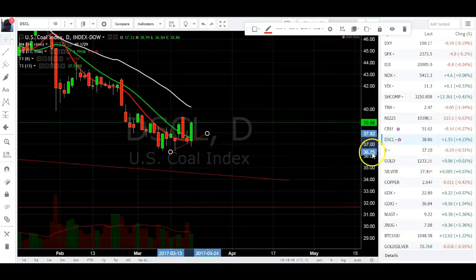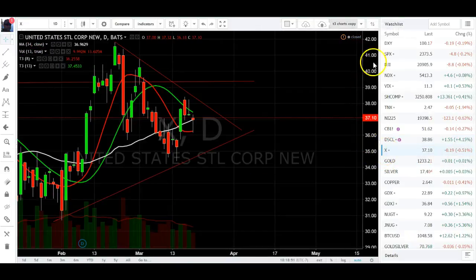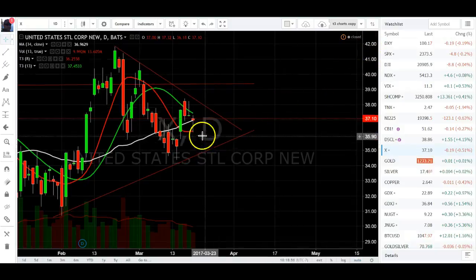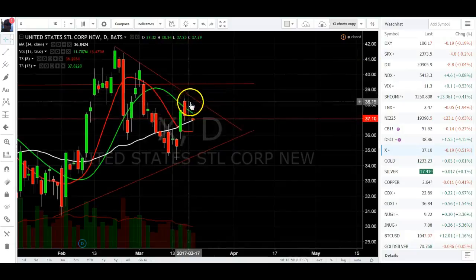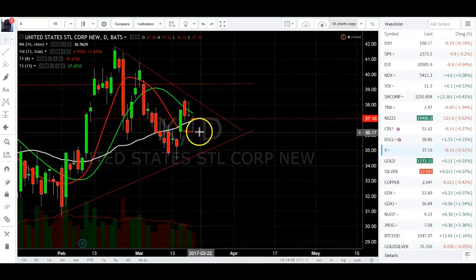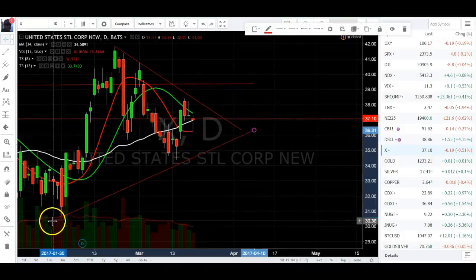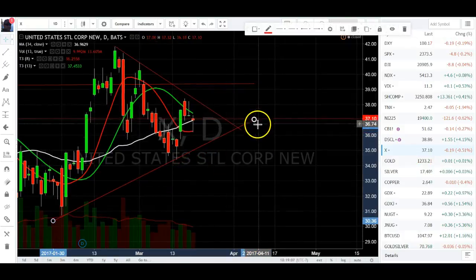Steel. Looks like it tried to bust through resistance, got rejected, came back into support. Let's see if this can build and bust through. Got a thin line of support. Two opposing points coming on.